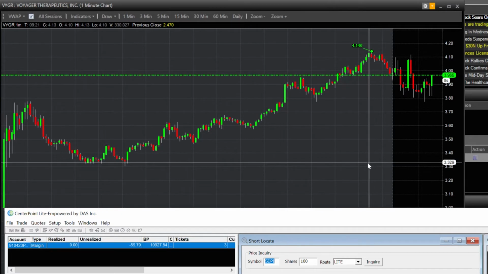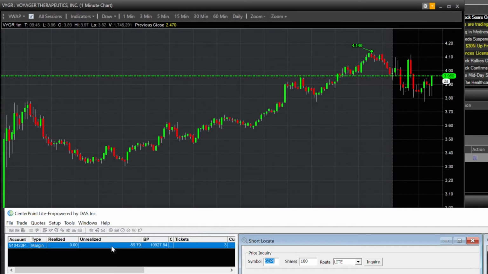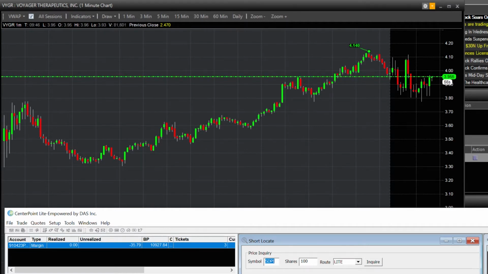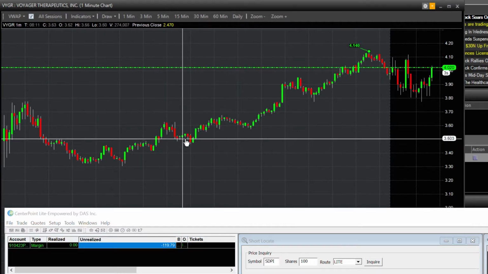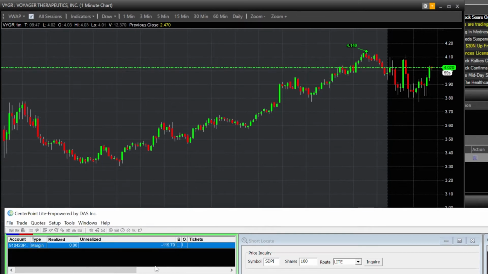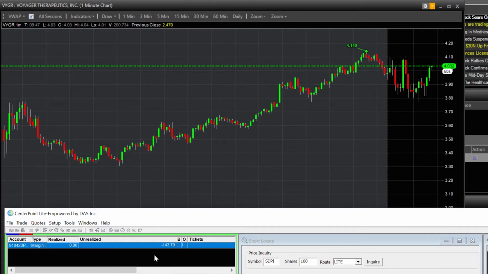And let's see, it keeps spiking. And if it spikes more, I'll add more. And you see this huge spike. I'm down 100. 143.